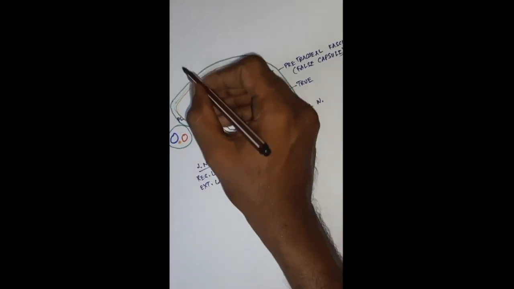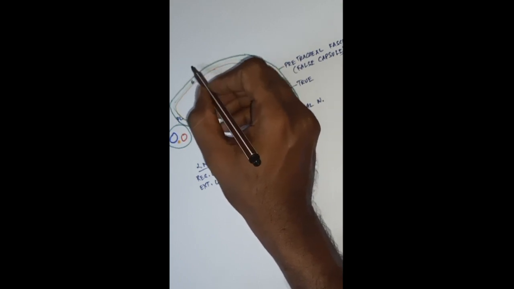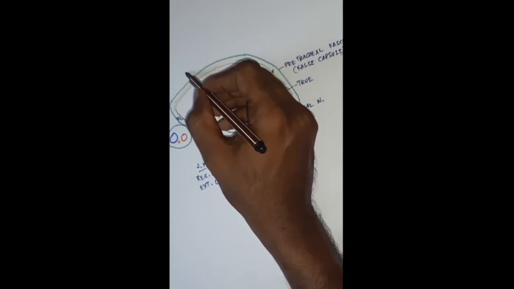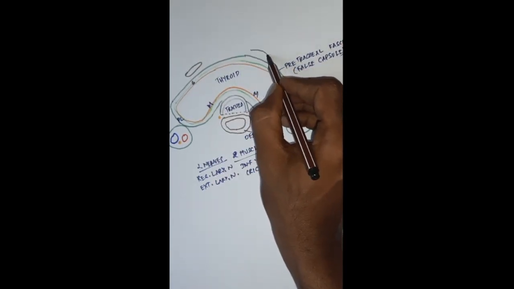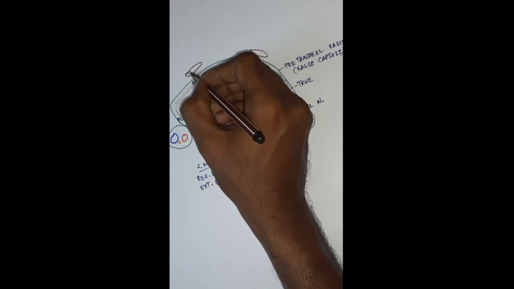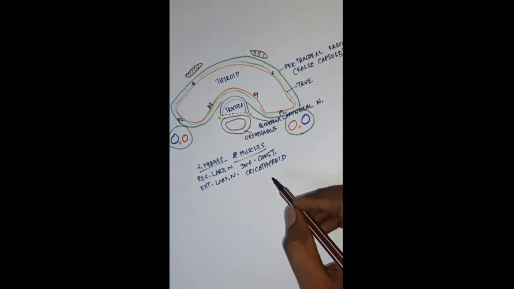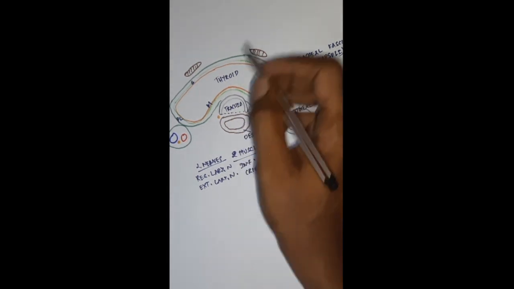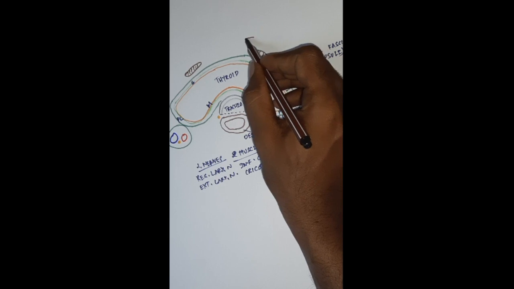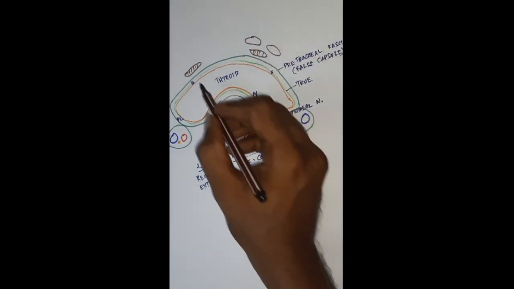Coming to the superficial surface, immediately in front is a muscle called sternothyroid, on either side. These are the strap muscles in the muscular triangle of the neck. And just in front of that, you're going to see two more muscles. One is the sternohyoid, the other one is the superior belly of omohyoid.